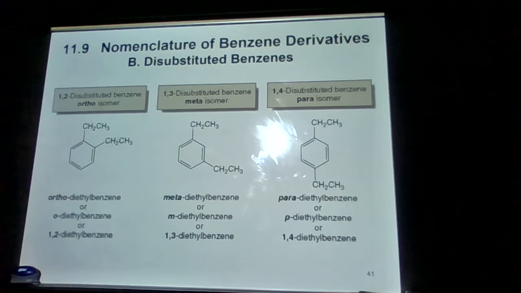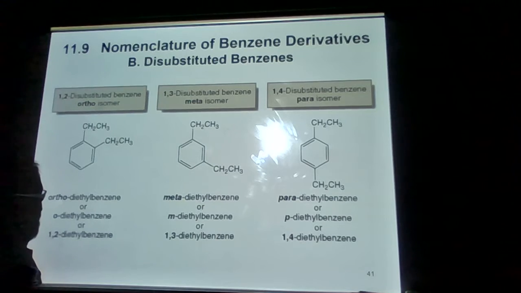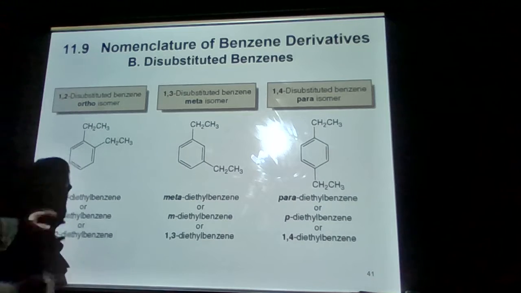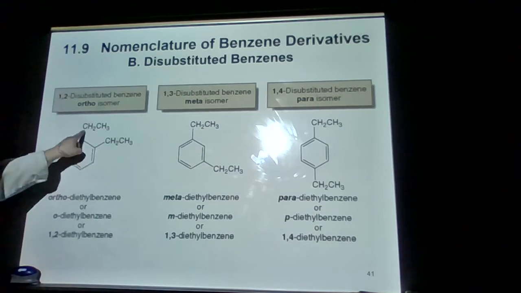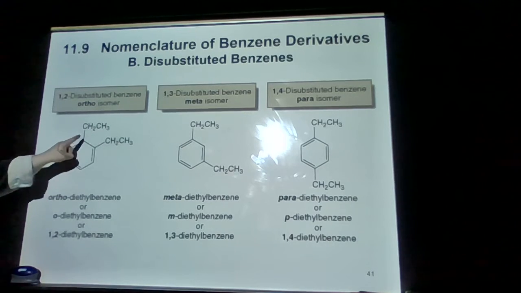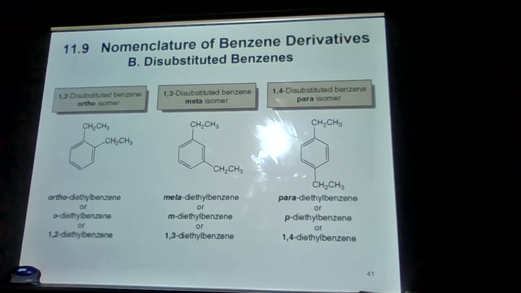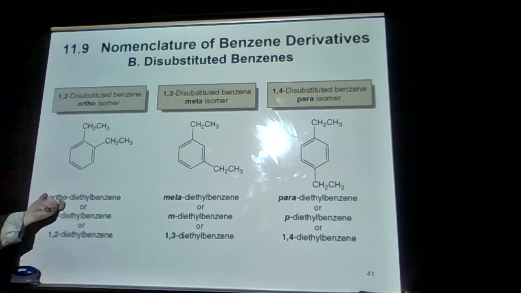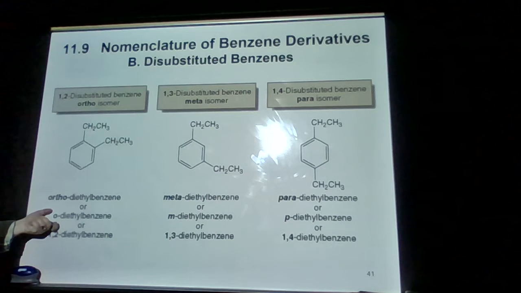When you have 2 substituents on an aromatic ring, they can be within 3 relative positions to one another. We can start here, where these pieces of spinach, these ethyl groups, are 1, 2. One of these is at the 1 position, the other's at the 2 position. We describe these as ortho, meaning next to one another, or just O, or 1, 2.